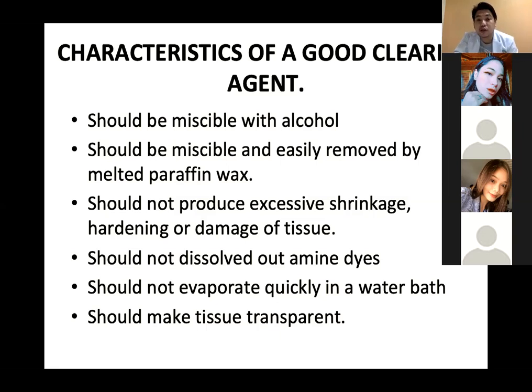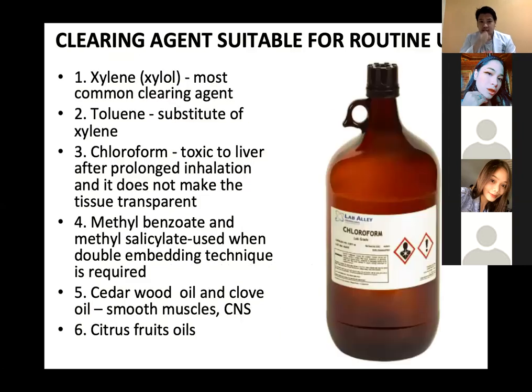Miscible with both alcohol and paraffin wax. Next, should not produce excessive shrinkage, hardening, or damage of tissues. Should not dissolve out aniline dyes, should not evaporate quickly in the water bath, and should make tissue transparent. Okay, so these are the characteristics of a good clearing agent.